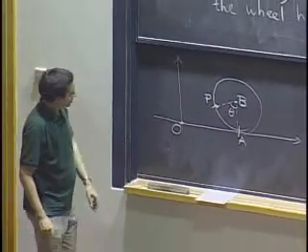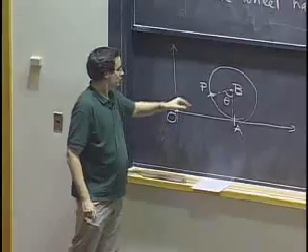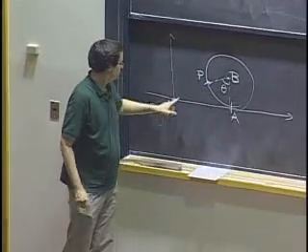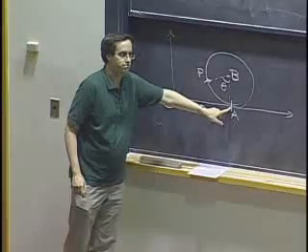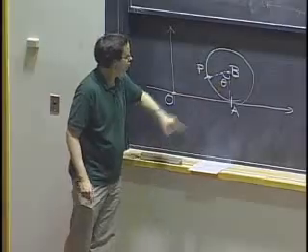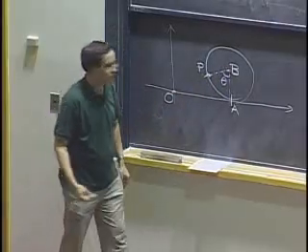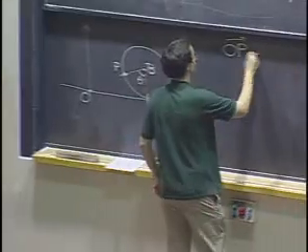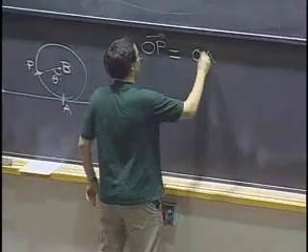Then it looks like maybe I have a chance of understanding vectors like OA, which doesn't look quite so scary, or AB, BP, and if I sum them together, I will obtain OP.